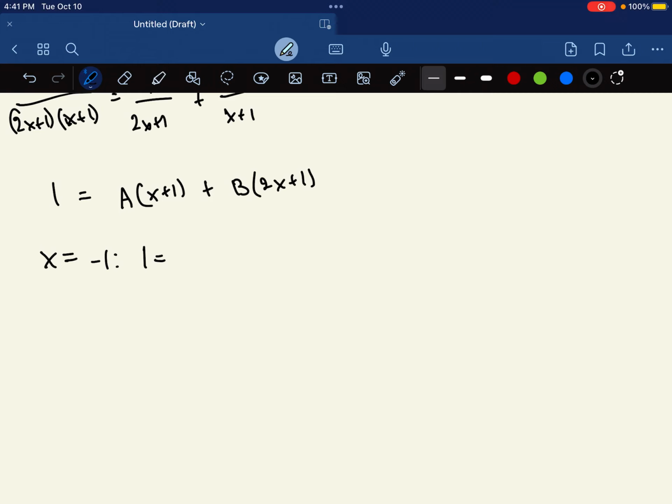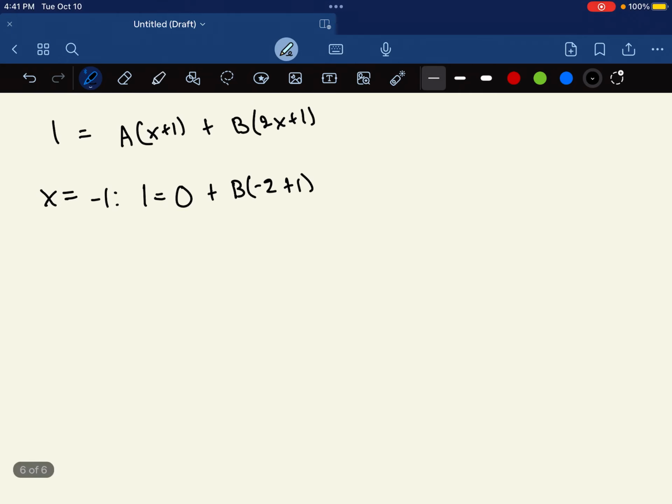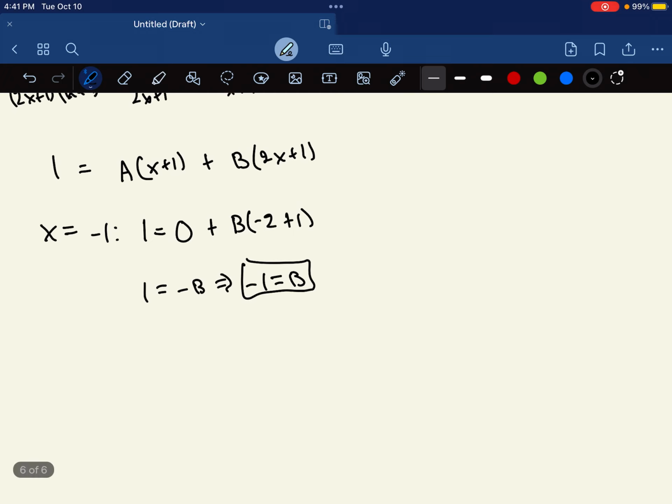We get 1 equals 0, because -1 plus 1 is 0, plus B times -2 plus 1, and that is equal to 1 is equal to -B, because this is -2 plus 1. Therefore that implies that -1 is equal to B, and that is our B.